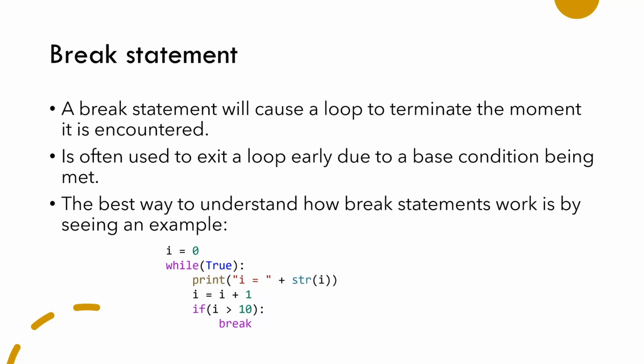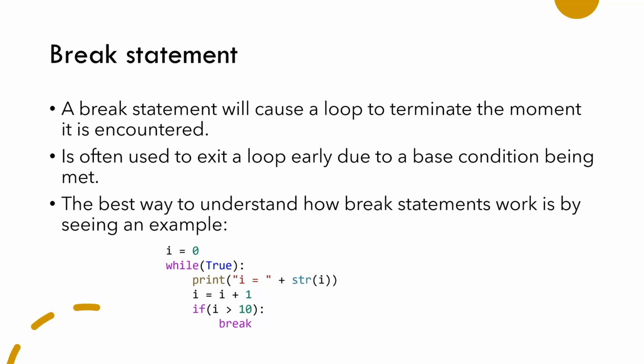That loop would normally run forever because the while condition is just true, and true is always true. So that loop would run forever if it weren't for the break statement at the bottom. That break statement will be encountered if i is greater than 10. So what this will end up printing is numbers all the way from 0 to 10.